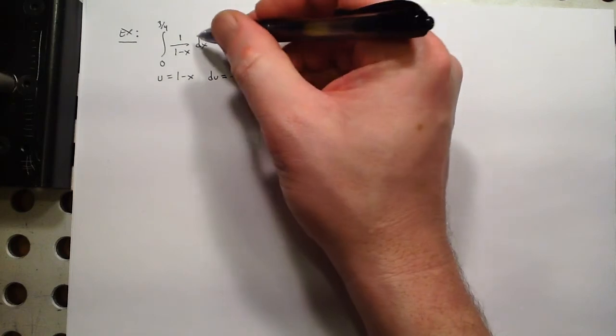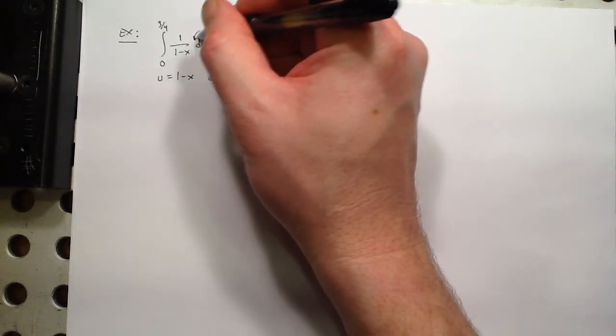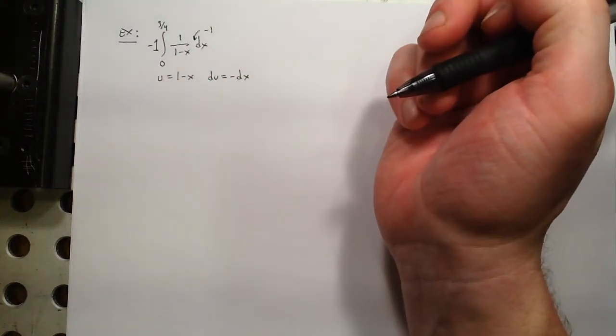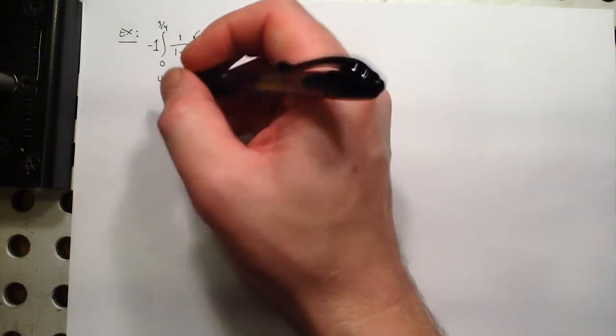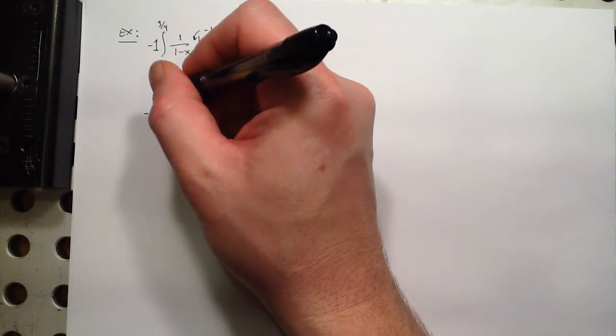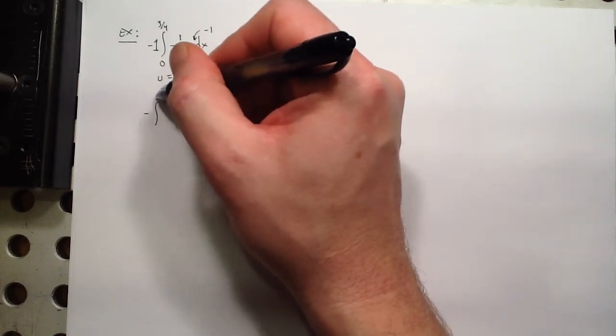All right, so it looks like I just need a negative sign in here. So I'll put a -1 here, and a -1 out here to balance that. And I can make my substitution. So I have negative. You can put a -1 there. You can just put a negative sign, same difference. I'm going to leave these off for now.